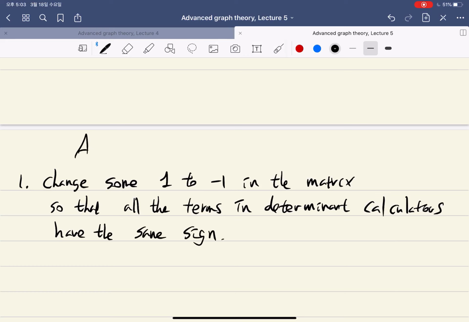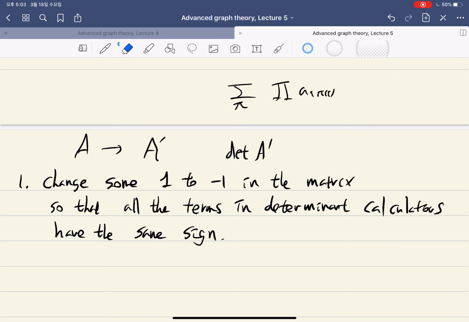So instead of A, you change it into some other matrix, say A prime, in which some of the ones become -1. And then you compute the determinant. Its formula is that you take the product of A_{i,pi(i)} over all i, and then you multiply by the sign of pi.